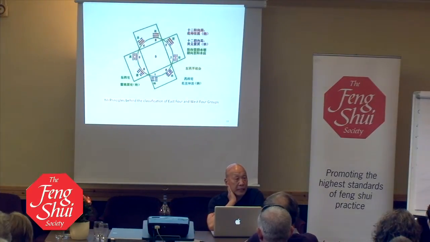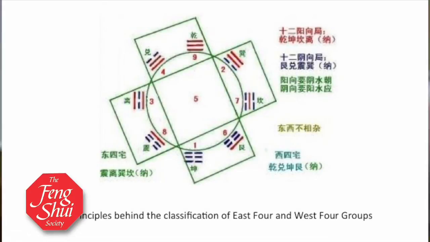But in this case, they correlate the Lo Shu numbers to the early heaven bagua. So the early heaven bagua is the principle, and the later heaven bagua represented by the Lo Shu numbers is the Yong, the function.